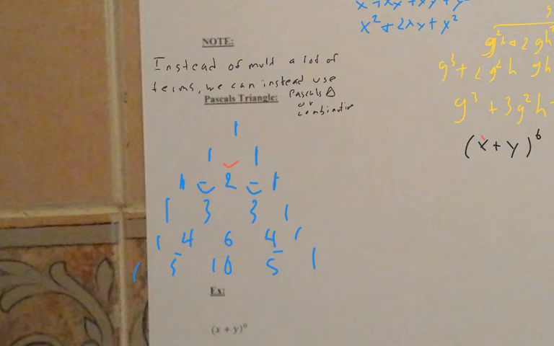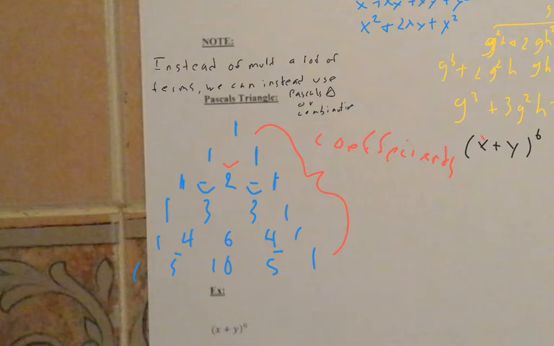So what do these numbers mean in the middle? What they represent is our coefficients of the terms. So I'll put this in perspective for you in a second. Coefficients.